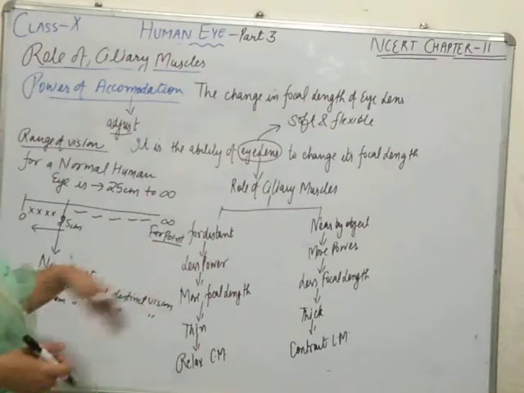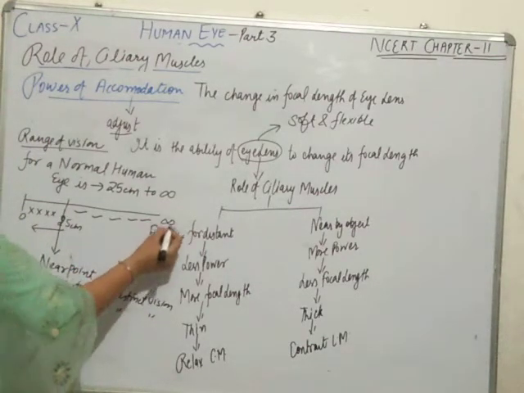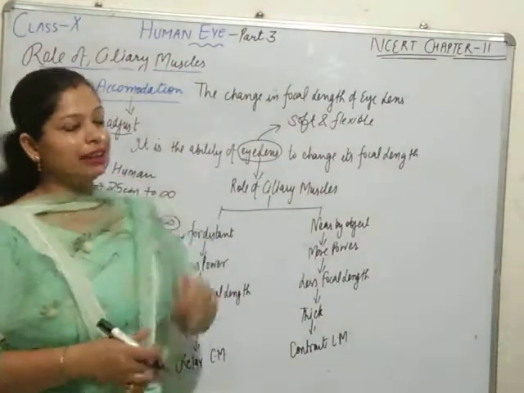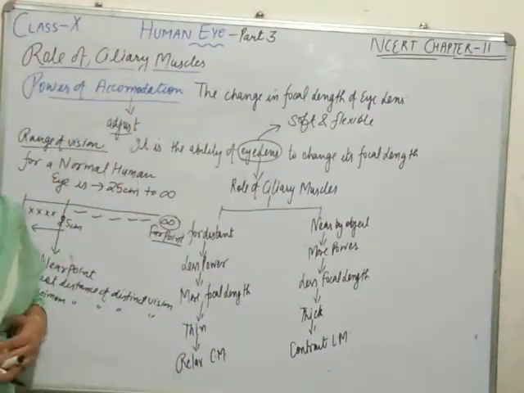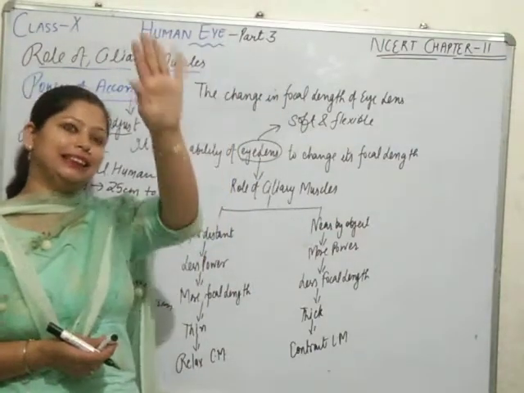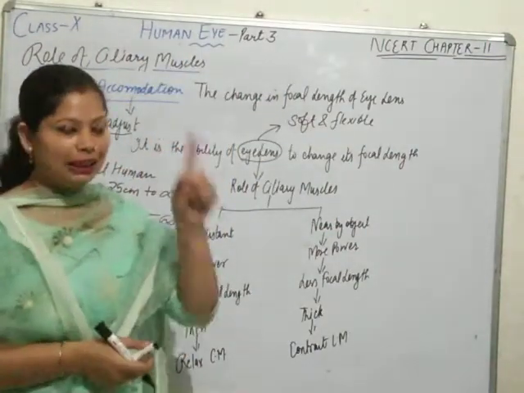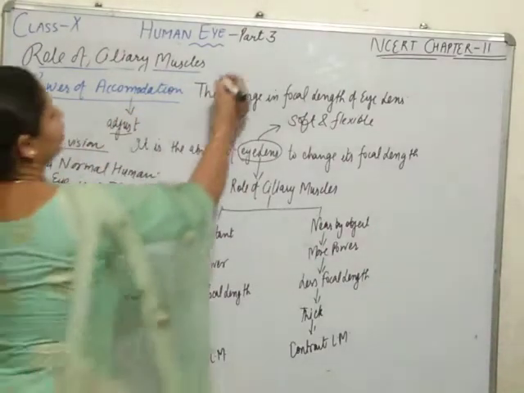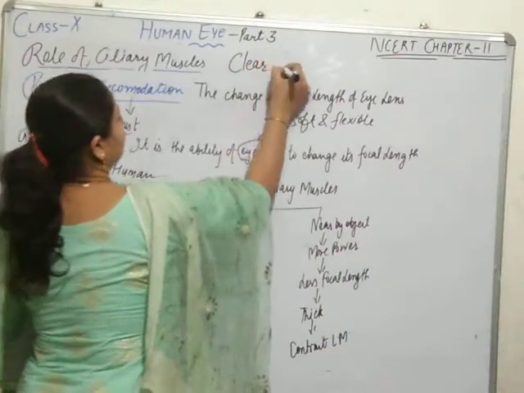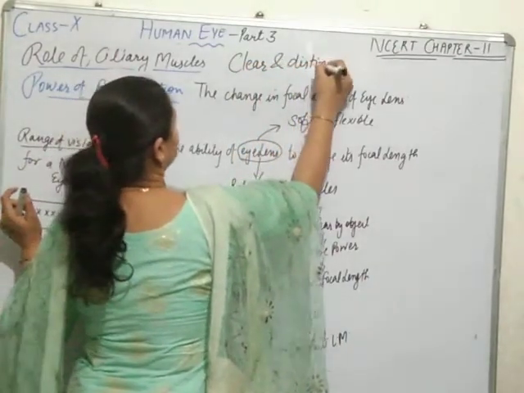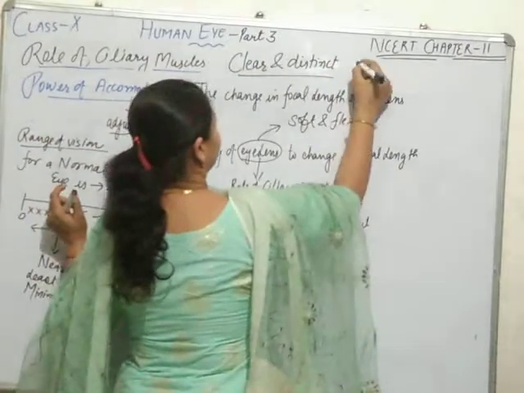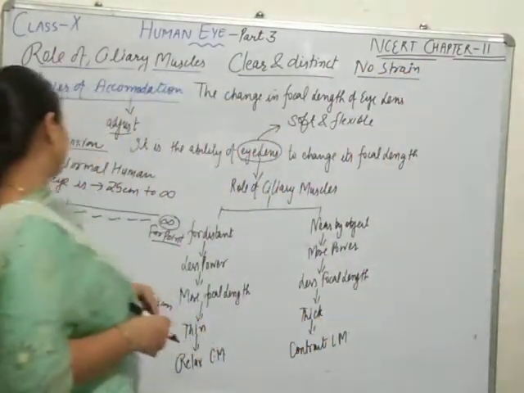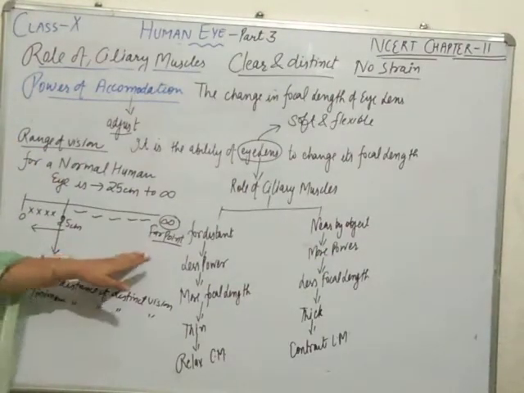That is known as far point, and for a normal human eye its value is infinite, because the stars which are located at infinite distance you are able to see as well as distinct without any strain. See clearly, distinctly without any strain. So, clear and distinct without any strain. No strain on our ciliary muscles. This is known as range of vision, near point, far point.